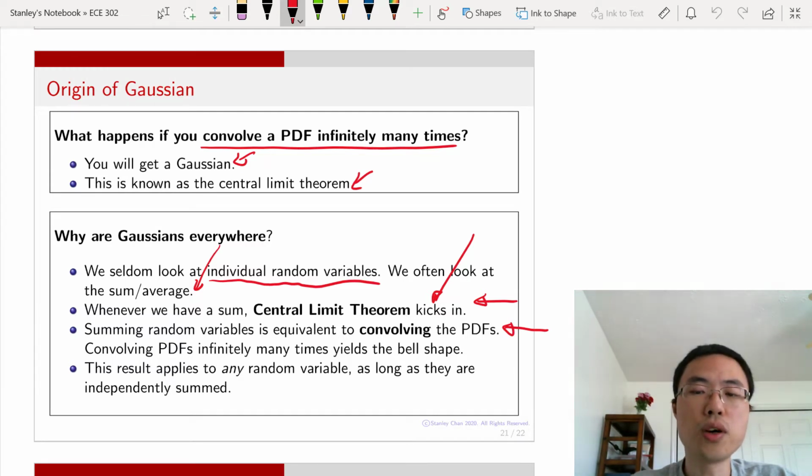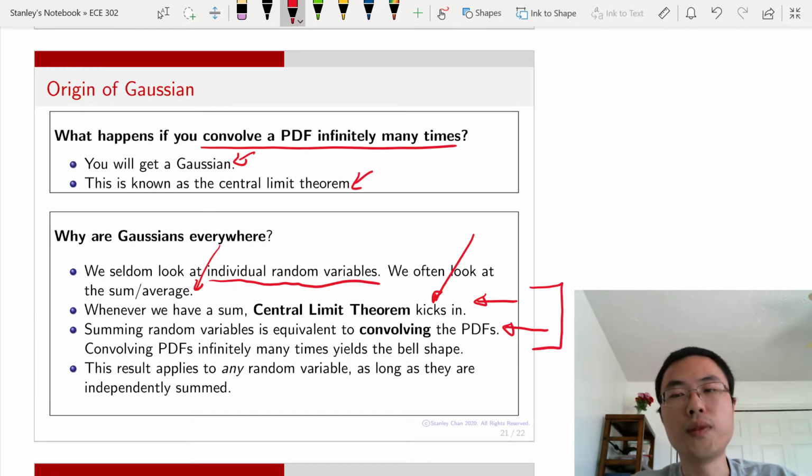But if you agree with our argument here, then I hope you can see why Gaussian is so useful. It is useful because you sum. It becomes a Gaussian because you convolve. Whenever you convolve many identical functions together, you will eventually get the bell-shaped Gaussian distribution.